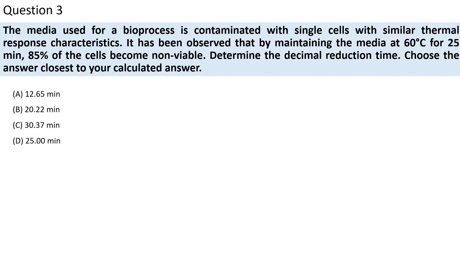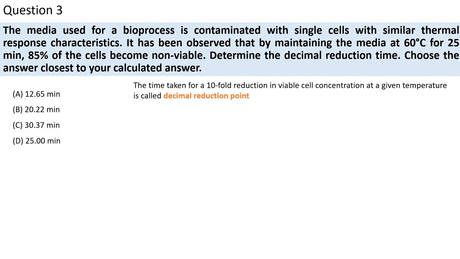Okay. So, if you have gone through the lecture by the professor, you will know that decimal reduction point is nothing but the time taken for a 10-fold reduction in the viable cell concentration at a given temperature.